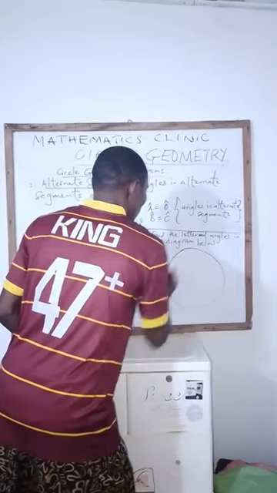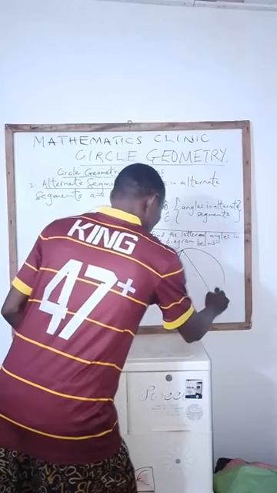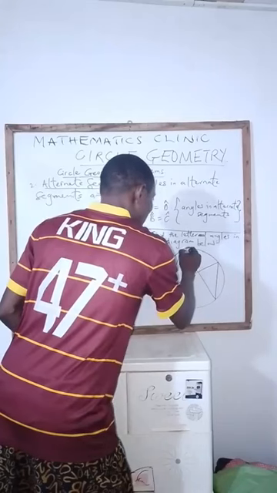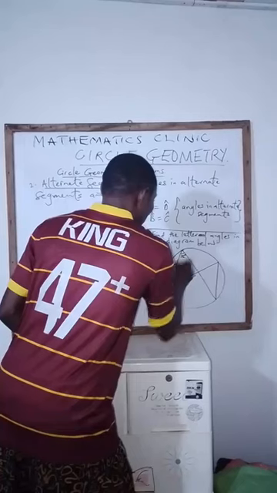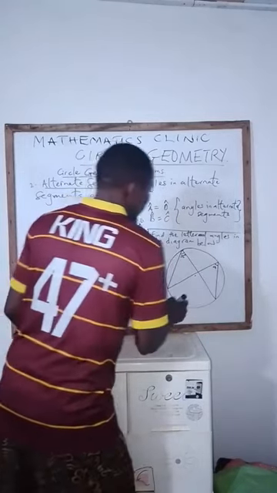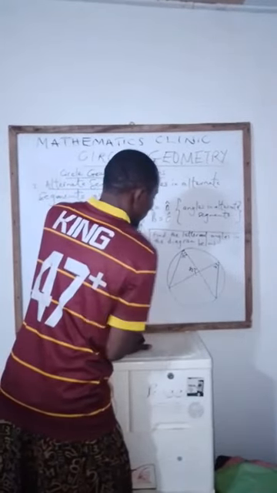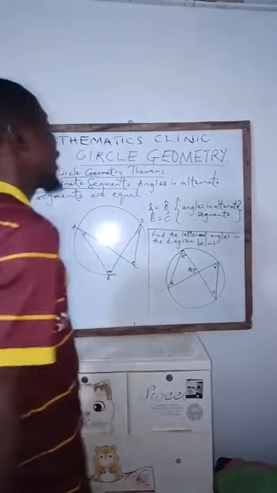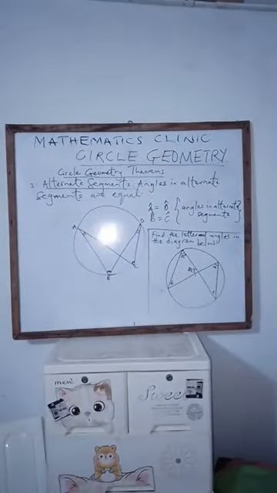I have the circle. I have the center. 35°, A, 82°, B, and C. Find the lettered angles in that diagram.